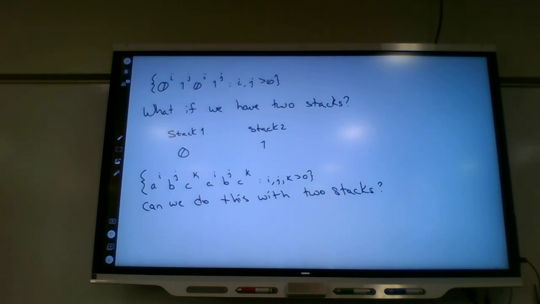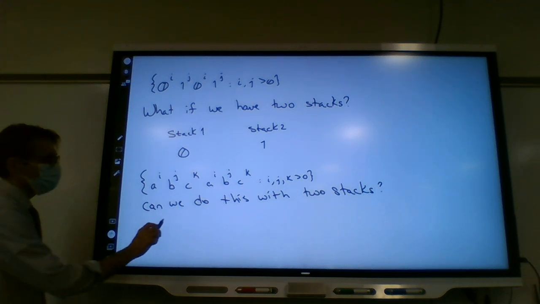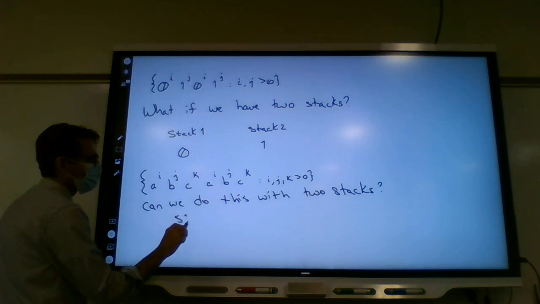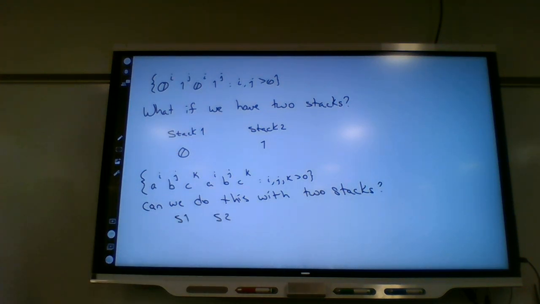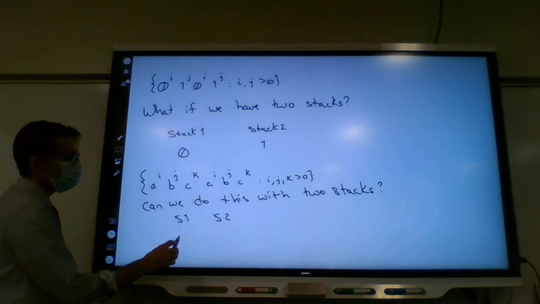Yeah, you could. Tell me how. If you pop, we haven't pushed anything yet, so we can't. But if you push initially when you start, if you push A to stack 1 and stack 2.